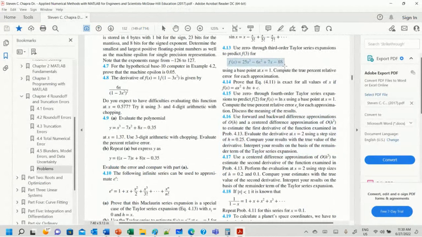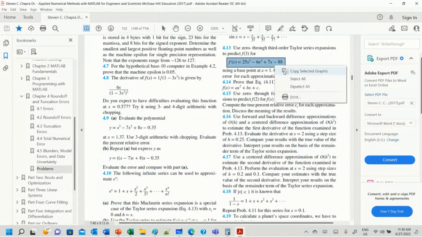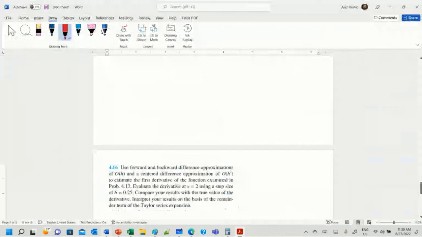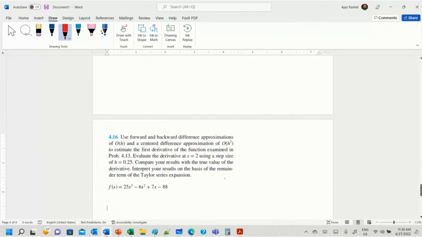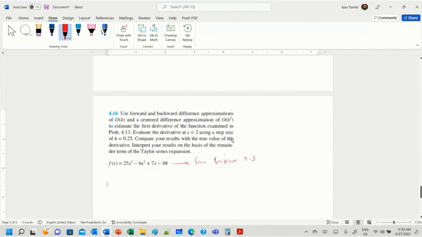And that's the function. Okay, so before I solve it, I can find the true derivative.